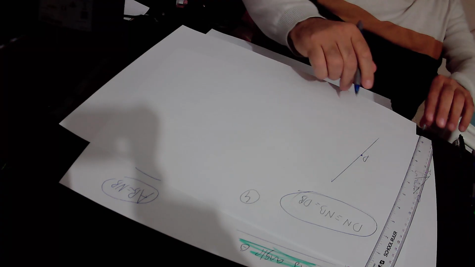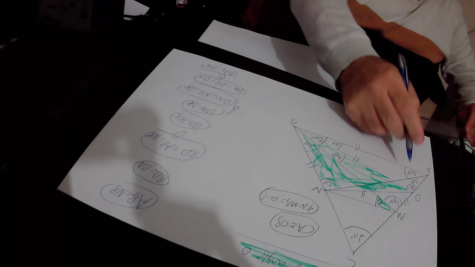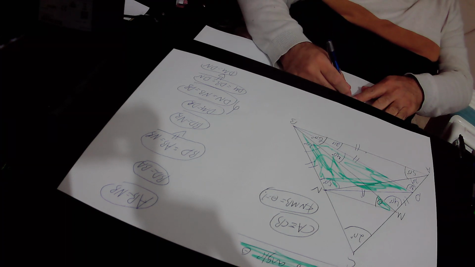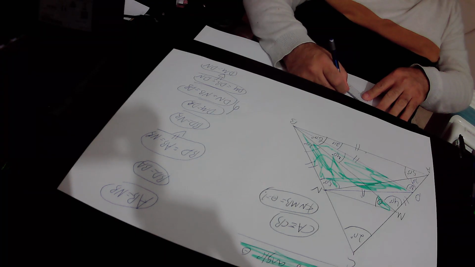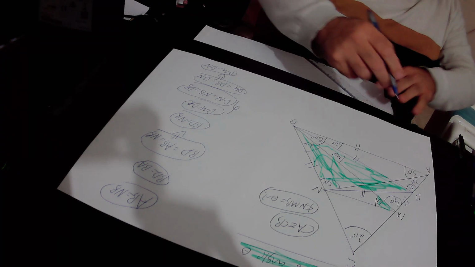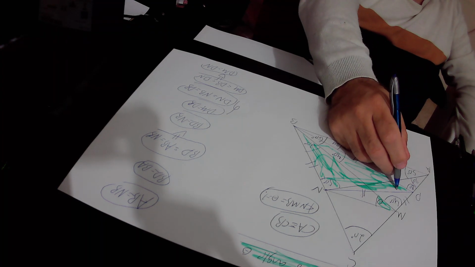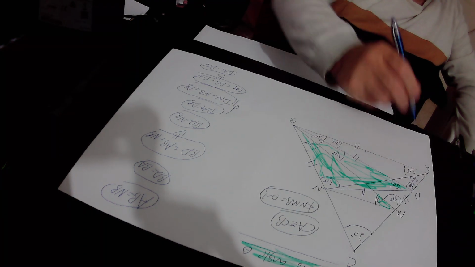Which angles do we have on this side of the straight line CA at point D? We have this angle that is equal to 80 degrees. This angle is one of the three angles of the equilateral triangle, therefore it must be equal to 60 degrees in its size.